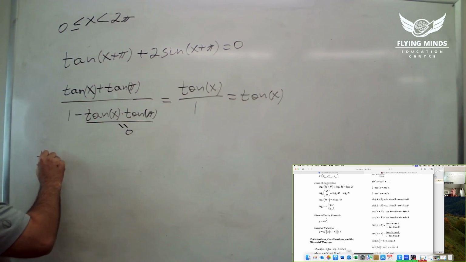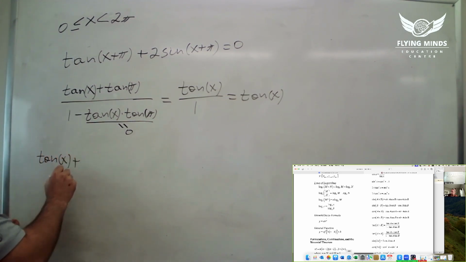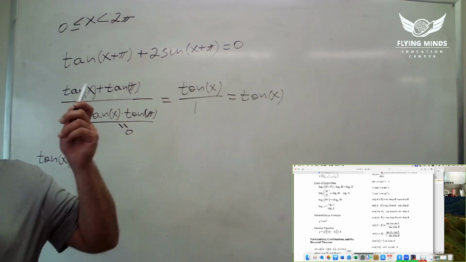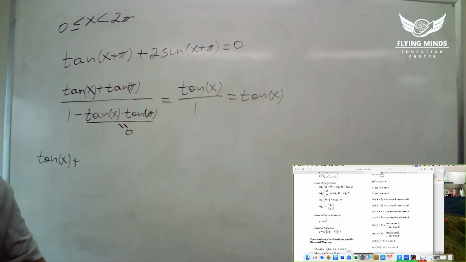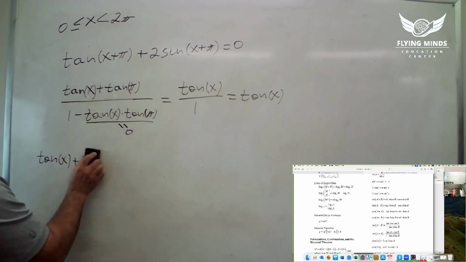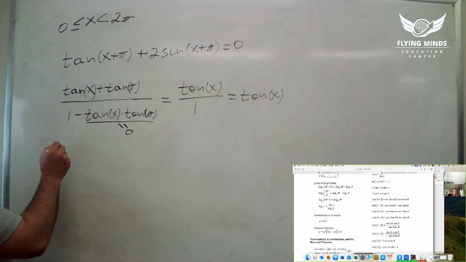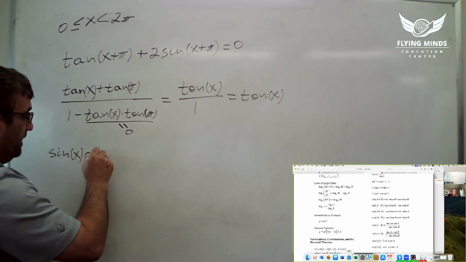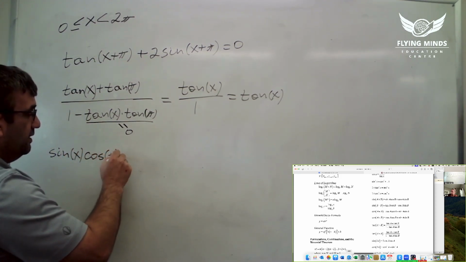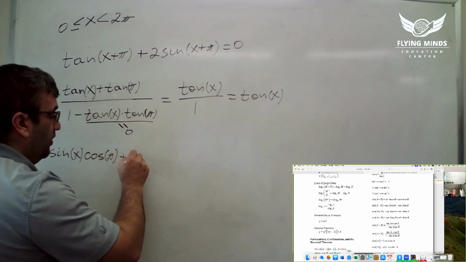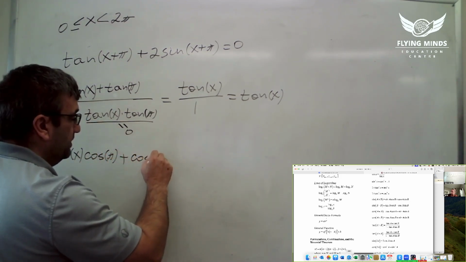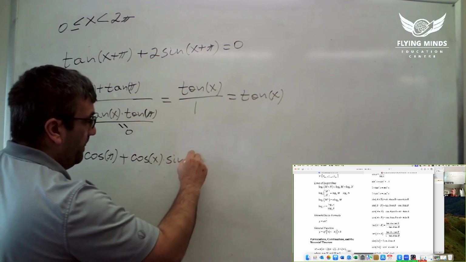And then I would do the same thing to sine? Yes, sine of x plus pi. We can use the formula again. Sine of a plus b will be sine of x cosine of pi plus cosine of x times sine of pi.